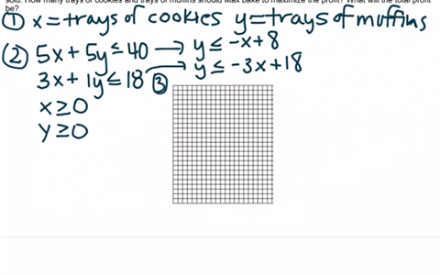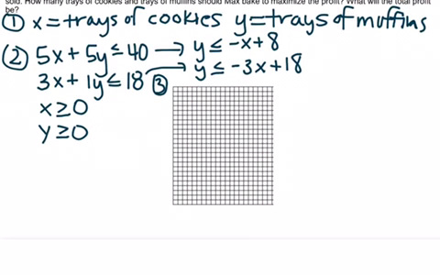So I'm going to graph the top one, y is less than or equal to negative x plus 8. Try to get close here. My slope is -1. Down 1 over 1. This graph is really tiny.